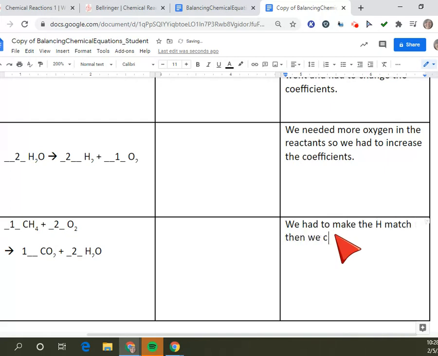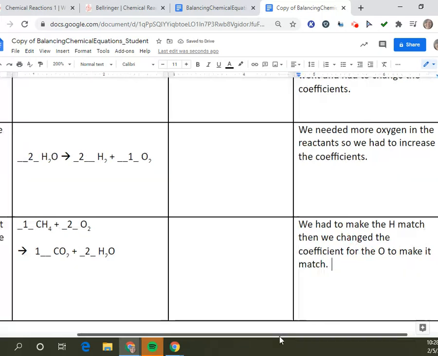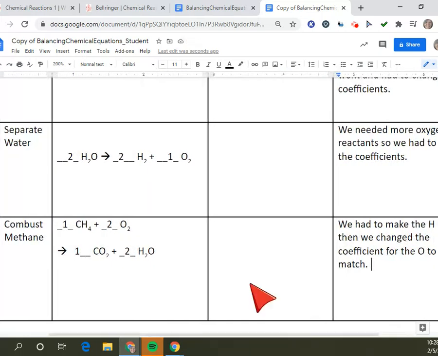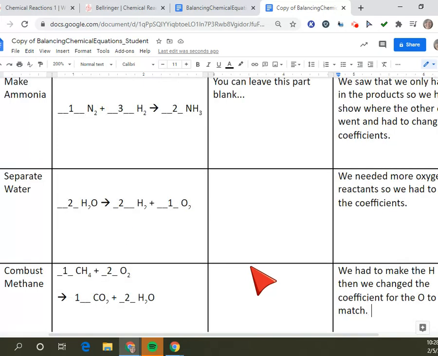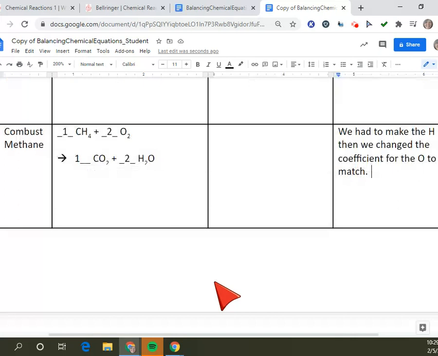Then we change the coefficient for the oxygen to make it match. All right. So that's pretty straightforward. I think hopefully it woke your memory up a little bit to balancing chemical equations, because I'm sure you have done it at some point in your life before.